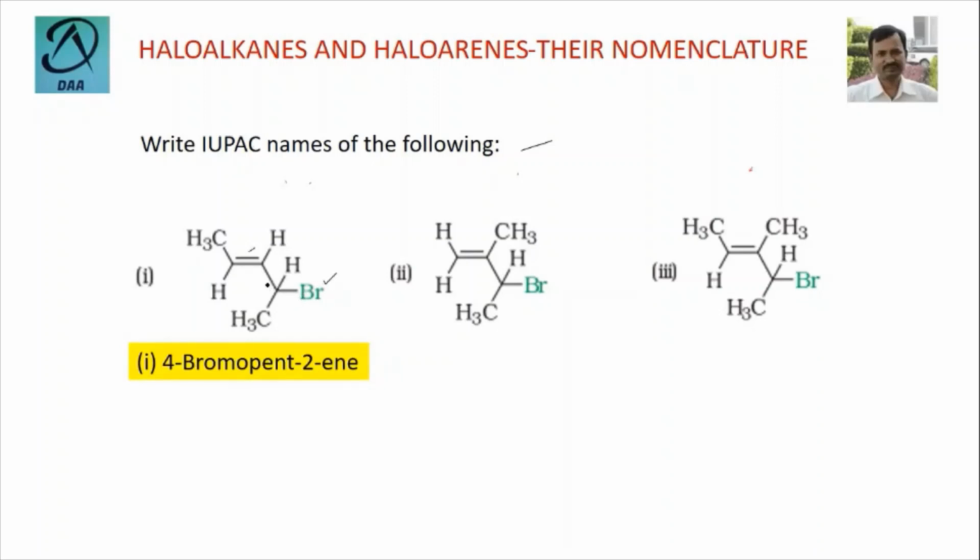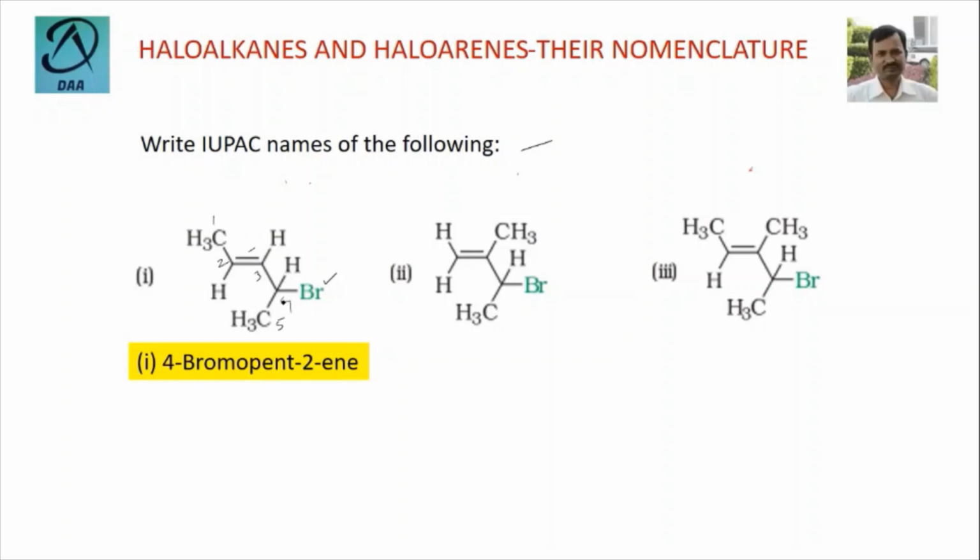So from the longest end, you have to start the numbering of the carbon chain, where the double bond is nearby, as per the rule of the IUPAC system. So this carbon is 1, this is 2, this is 3, this is 4, and this is 5.